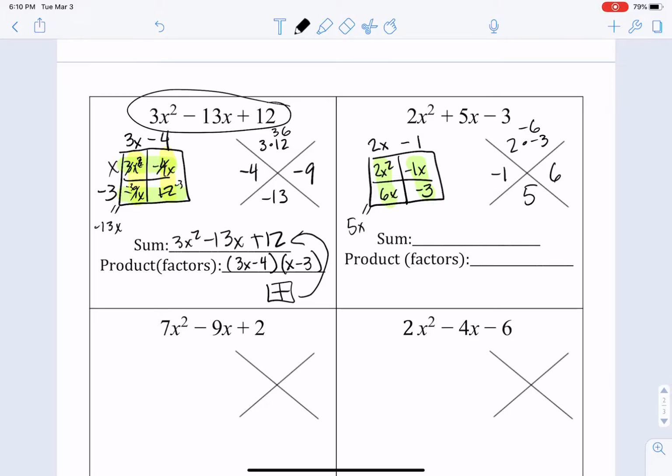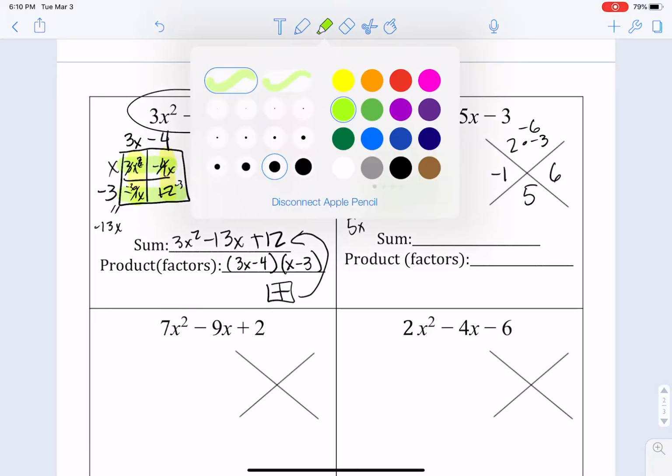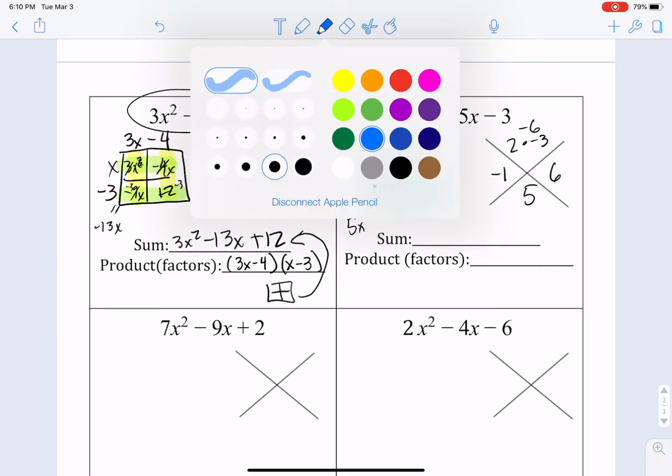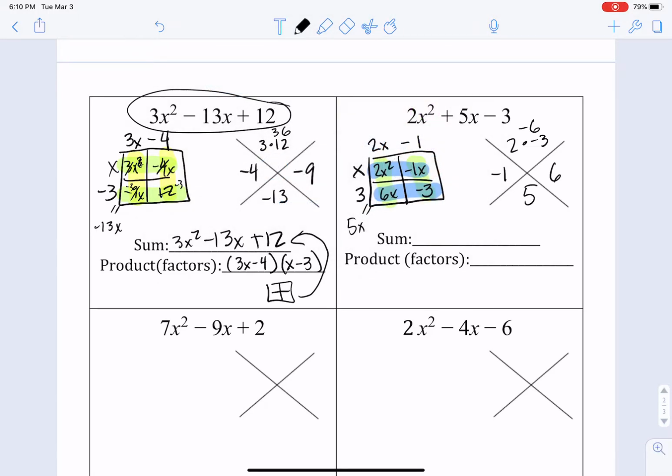So what's left to pull when I do my horizontal here? The 2 has already been pulled, the x has already been pulled, and the negative 1 has been pulled. So we just have an x left over. When I pull from these common factors, we took out the negative, and we pulled out a 2 from here, so we have a positive 3 left over that can come out as a factor.